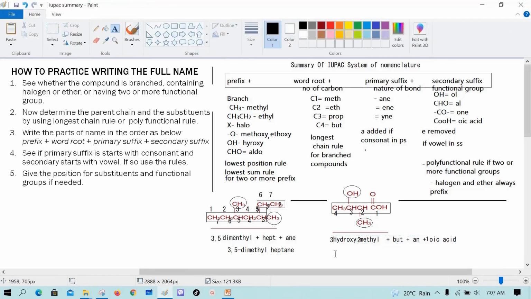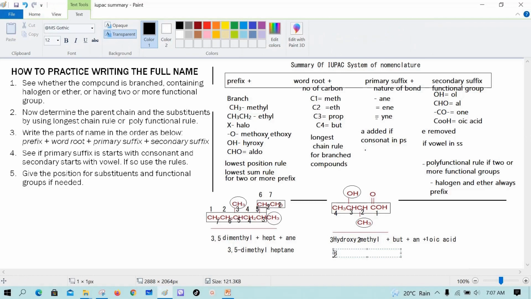The name will be 3-hydroxy-2-methyl-butanoic acid. We can skip position 1 for the principal functional group, so we can just write butanoic acid. So 3-hydroxy-2-methylbutanoic acid will be the correct name for this compound.